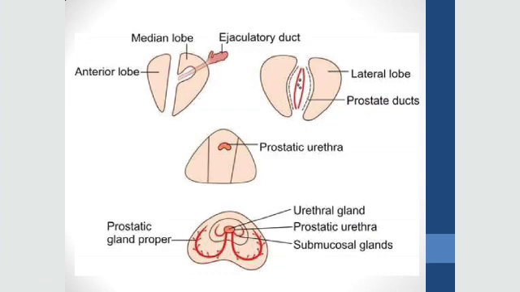The lateral lobes and prostatic ducts are in relation like this, and in the transverse section you can see the prostatic urethra. The prostatic gland proper, the urethral glands, prostatic urethra, and submucosal glands are placed in such relations.